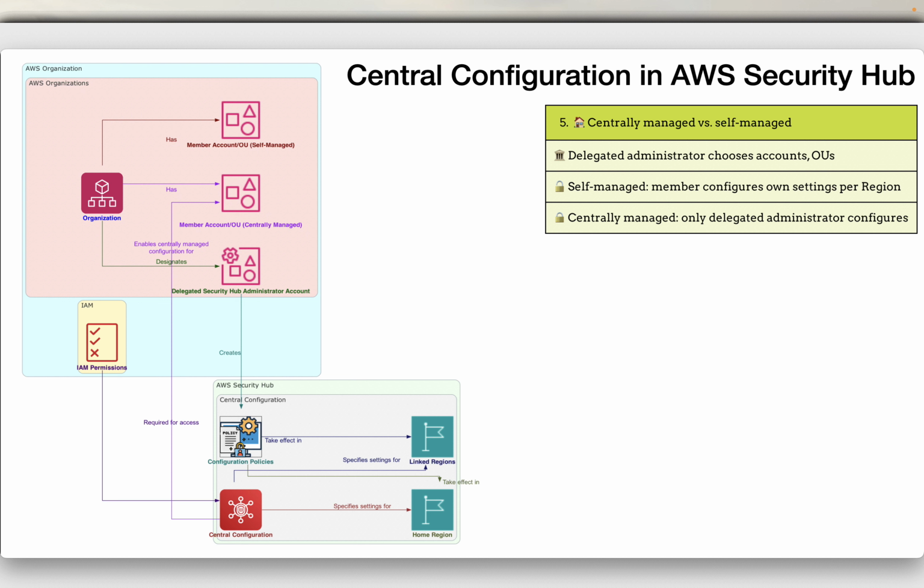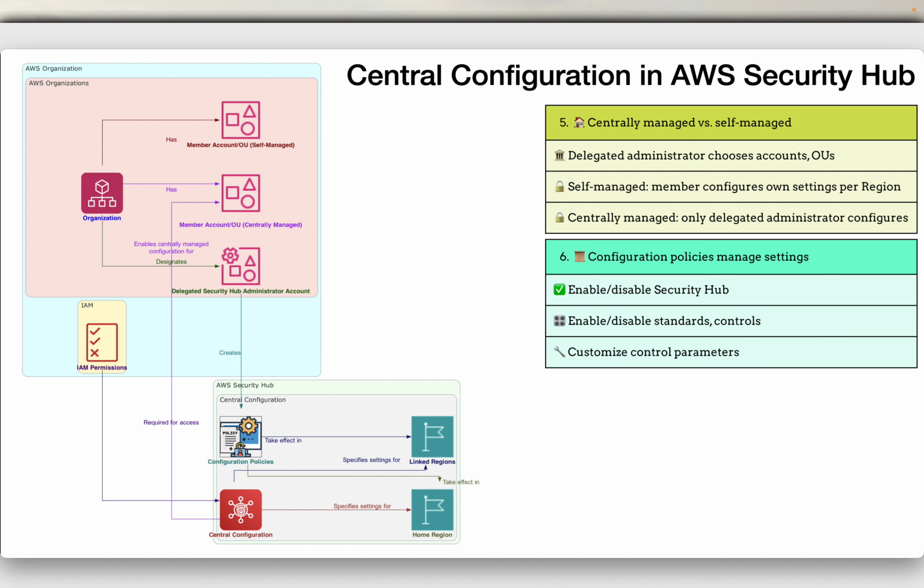So the first account, which is the delegated administrator account, has the option to say other accounts are self-managed or centrally managed. In the first situation they will be able to configure their own settings, or they will become part of the member account, and only the delegated administrator can configure these AWS Security Hub settings.